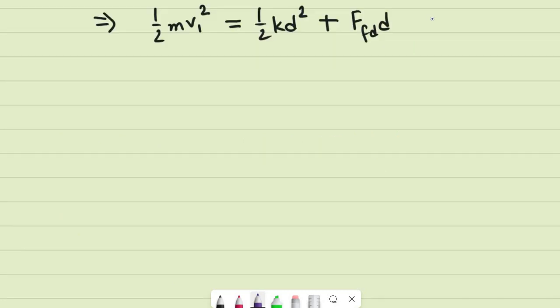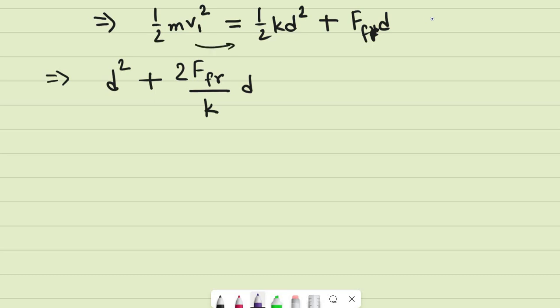Now if we simplify this, we find the following. I'm dividing everything by k and multiplying everything by 2. So I have d squared plus 2 F friction divided by k times d.